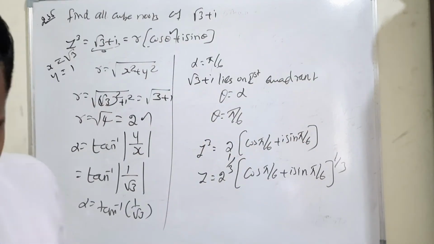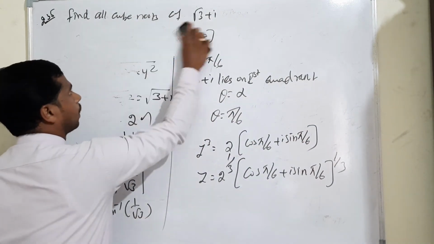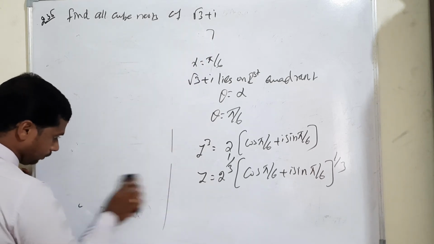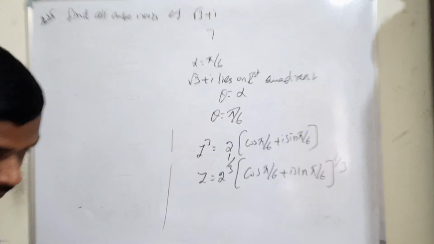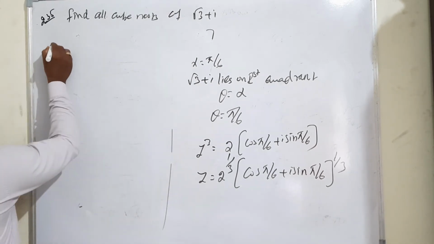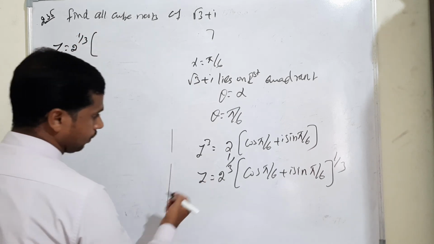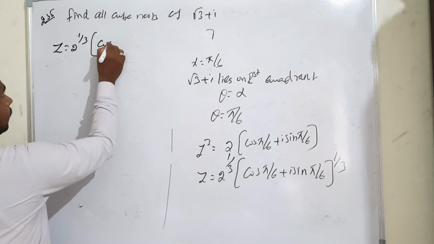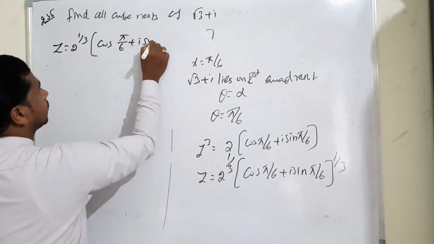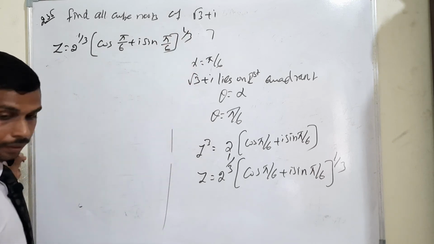So now z is equal to 2 to the power 1 by 3, then cos pi by 6 plus i sin pi by 6, the whole power of 1 by 3.